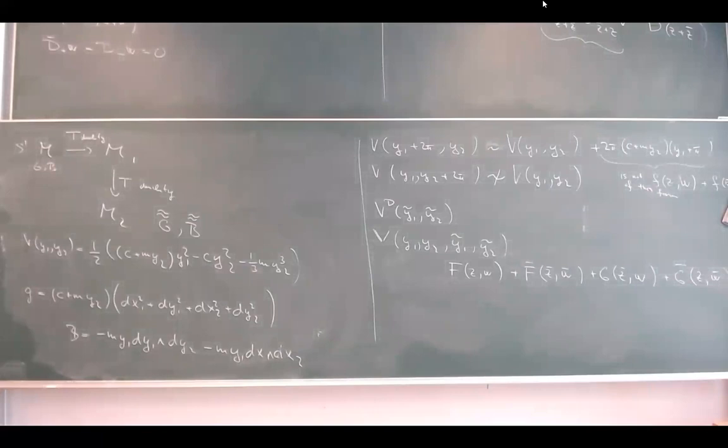And bi-Hermitian type geometries are the ones where those two complex structures commute. They are not the same. There's one for left-movers and one for right-movers supersymmetries. And so this is the simplest generalization of the Kähler case.